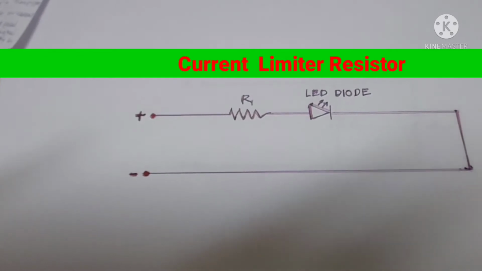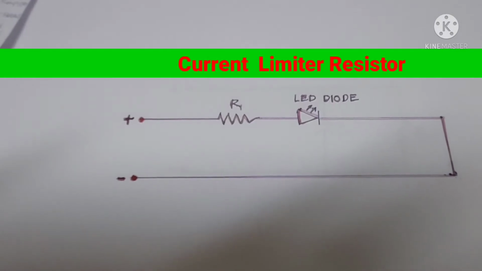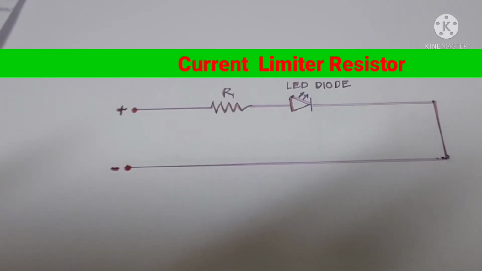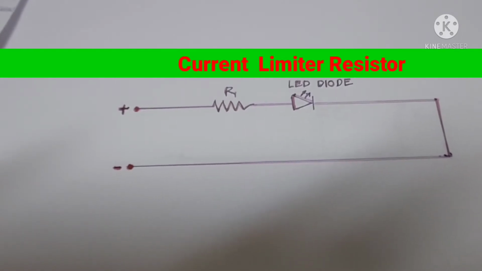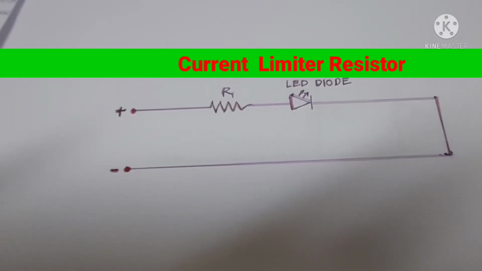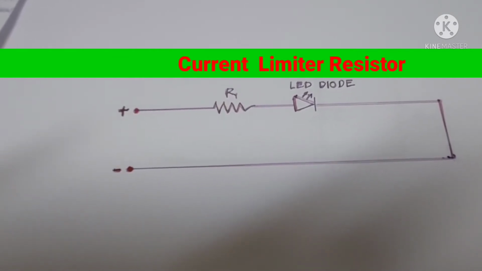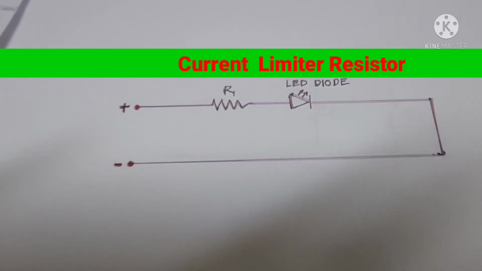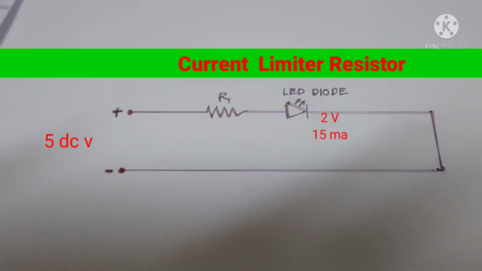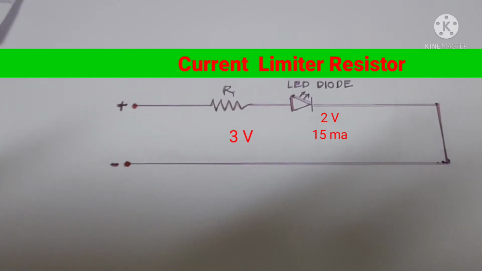This is a resistor connected in series to the LED. If the resistor has 3 volts, the input voltage is 5 volts, and the LED has 2 volts and 15 milliamperes, by using Ohm's law you can compute the resistance you should put in series with the LED.